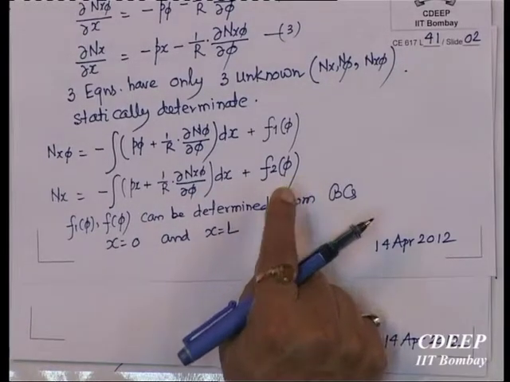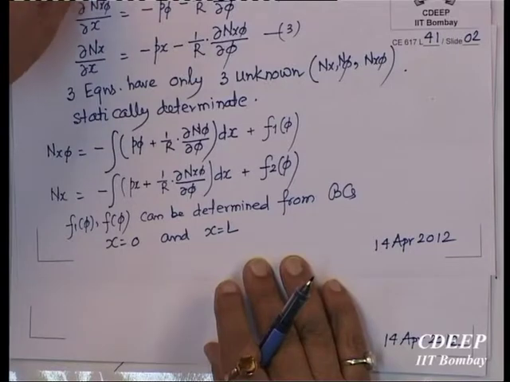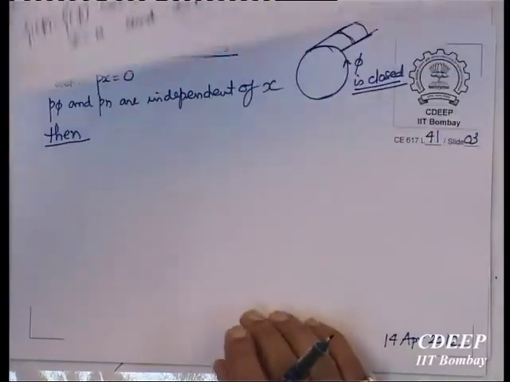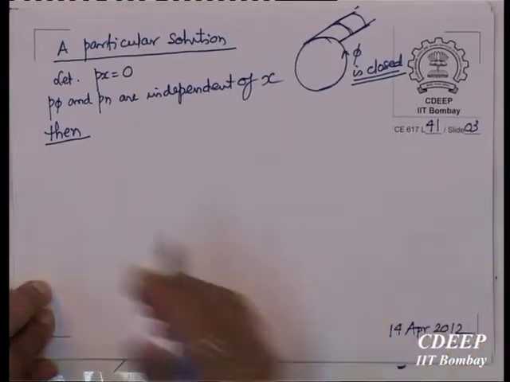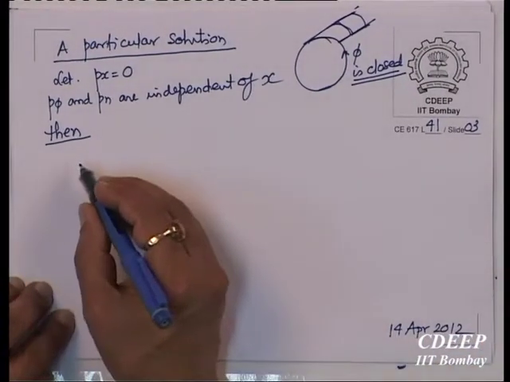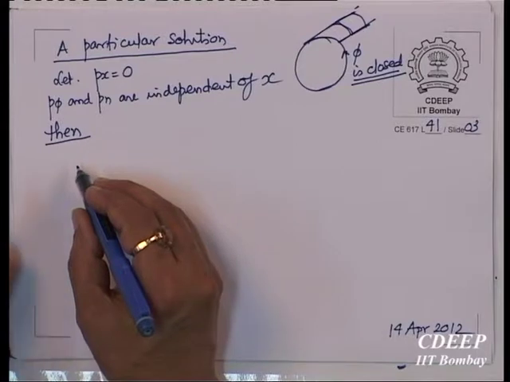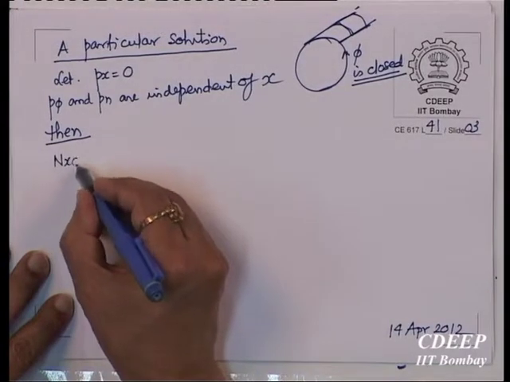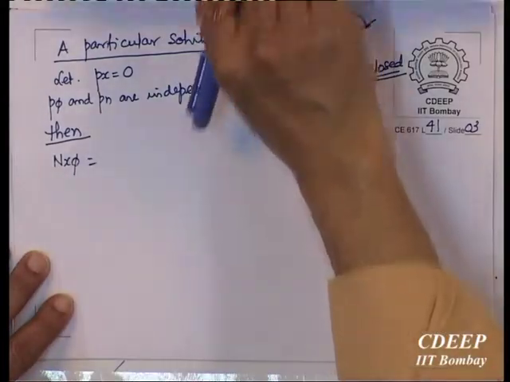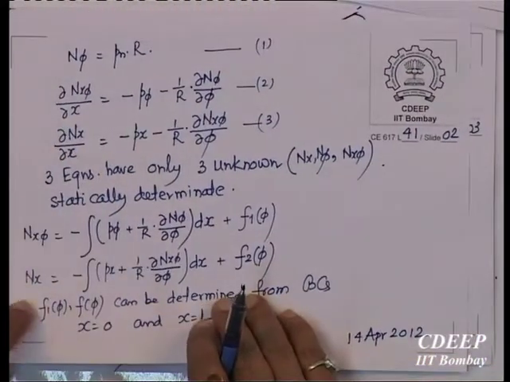While solving, you do some manipulation so that it comes in a particular form. So in that case, n x phi, the first one.